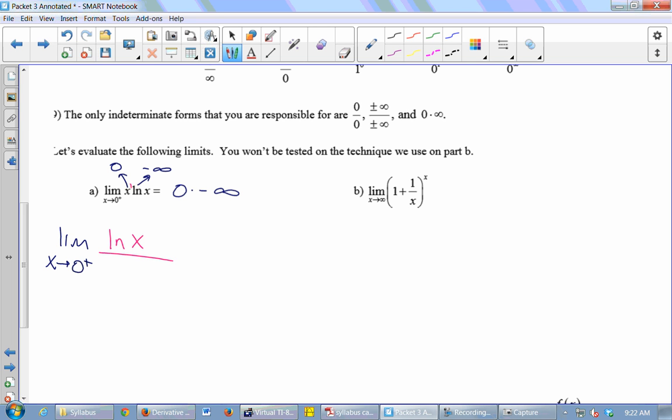To move it to the denominator has to be an x to the negative 1, which is the same as 1 over x. So this is the limit as x goes to 0 from the right of ln x divided by 1 over x. And now ln x goes to negative infinity. 1 over x as x goes to 0 goes to infinity. So now it's of the form infinity over infinity, and we can apply L'Hopital's rule.